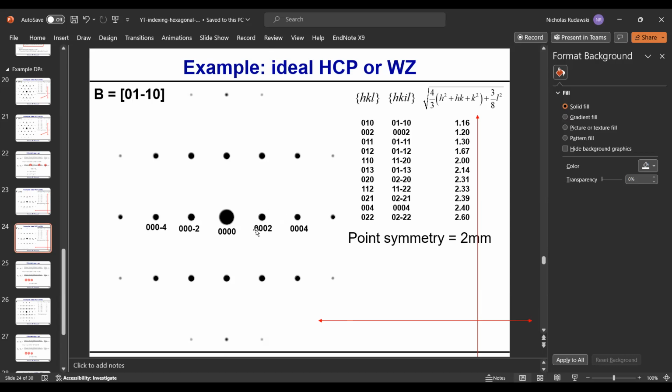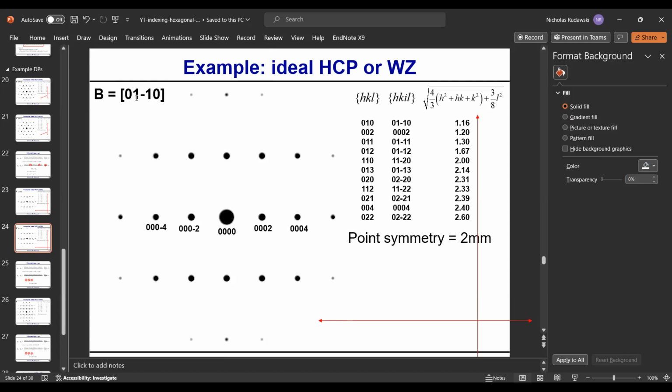So what lattice vector is parallel to the 0 0 0 2 G vector? It's very obvious: that's the 0 0 0 2 lattice vector, or just the 0 0 2 lattice vector. Then we have to convert this into 3-index notation.